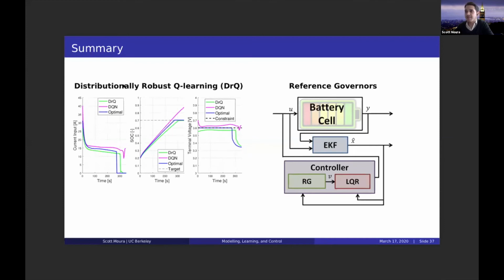Yes, we have. We've compared both. That is, we've compared this Dr. Q and the reference governor using offline models, and we've done a number of publications on these offline methods, using, for example, pseudospectral optimal control.